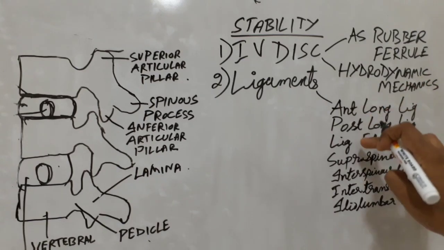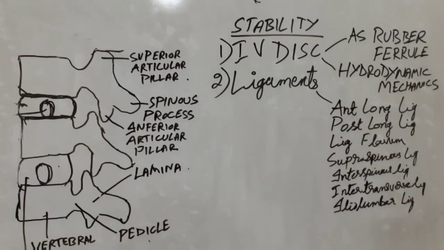So 1, 2, 3, 4, 5, 6, 7. So 7 ligaments of the lumbar spine.